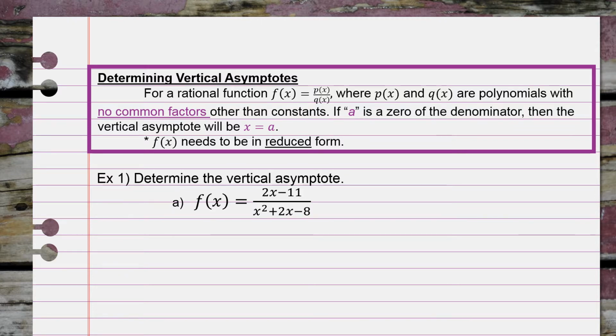Well, the only way to identify if they even have common factors is if they're written in factored form. So we look at the numerator, 2x minus 11. Can that factor? No, because it's linear and there is no common factor. So now we look at the denominator. Can that factor? Yes, that is a quadratic, so take a moment now to factor the denominator.